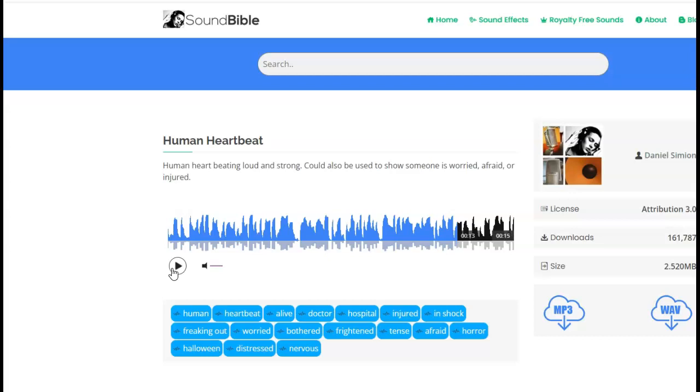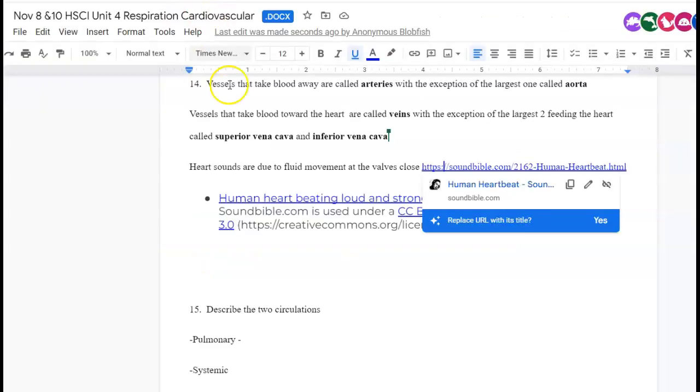They usually say lub-dub, and I don't even know what it is anymore, what I hear, because I've been told for the last how many years that it's lub-dub, so all I can hear is lub-dub. The lub is a stronger sound. The dub is a softer sound, and you can hear a soft sound and a hard sound. Okay, that's a normal heartbeat.